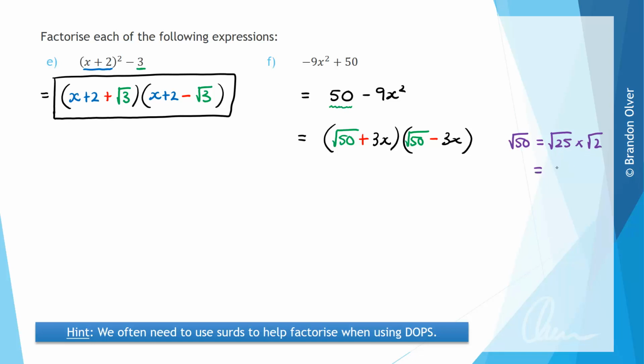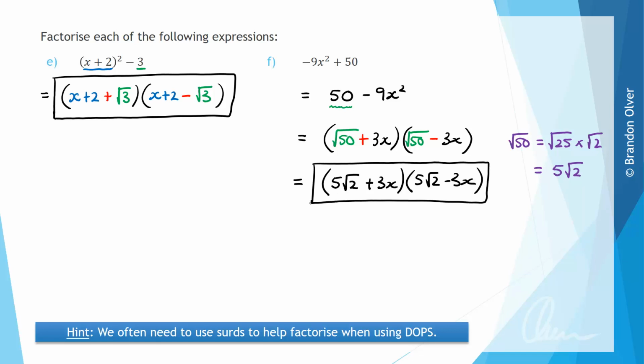And the square root of 25 is simply 5, so we can write it as 5 root 2. So in its simplest form, this factorized expression would be 5 root 2 plus 3x, and 5 root 2 take 3x. And that would be the fully factorized and simplified version for part F.